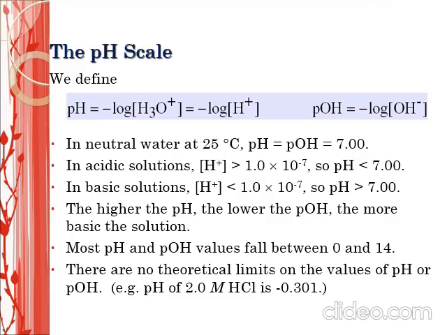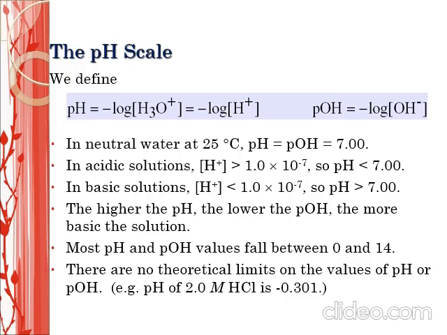Next is the pH scale. So pH comes from the negative logarithm of H3O plus or H plus, whereas pOH is the negative logarithm of the hydroxide concentration.